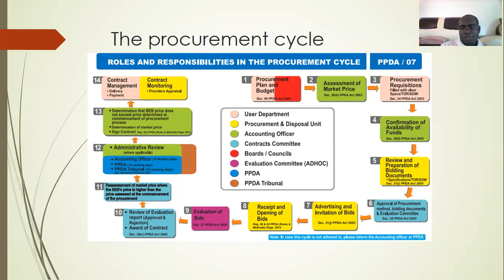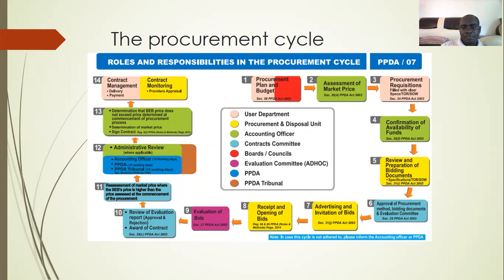Then cycle number 6, approval of procurement methods, bidding documents, and evaluation committee. This is mainly done by the contracts committee, which approves the bidding document and the evaluation committee.